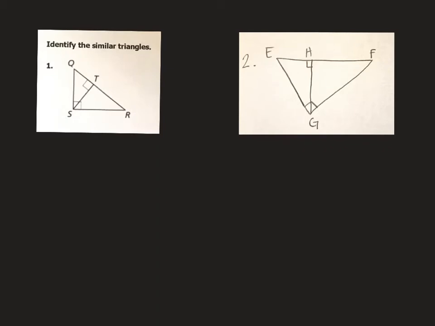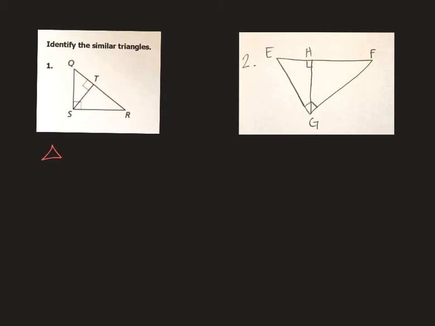So what we want to do in 1 and 2 is just identify the similar triangles. Honestly, the easiest thing that you can do is match up the corresponding pieces, the shorter sides, the longer sides, and all of that, so you know what order to write them in. So let's just start in number 1 with the whole triangle.